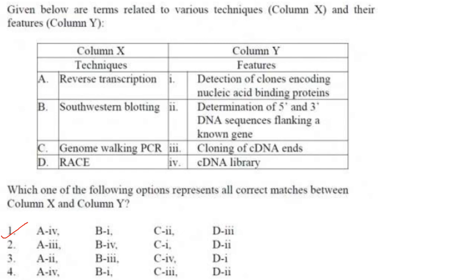Genome walking PCR is for determining the 5' and 3' DNA sequence flanking a known gene. RACE is rapid amplification of cDNA ends and it is used in cloning of cDNA ends. So the answer here is option 1, that is A4, B1, C2, D3.